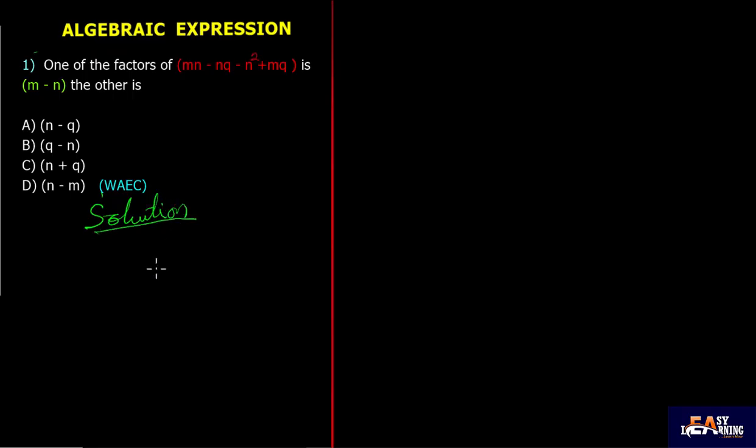Taking the solution of this, what we are going to do is arrange. Let's have the expression again. The expression is mn minus nq minus n raised to the power of 2 plus mq.